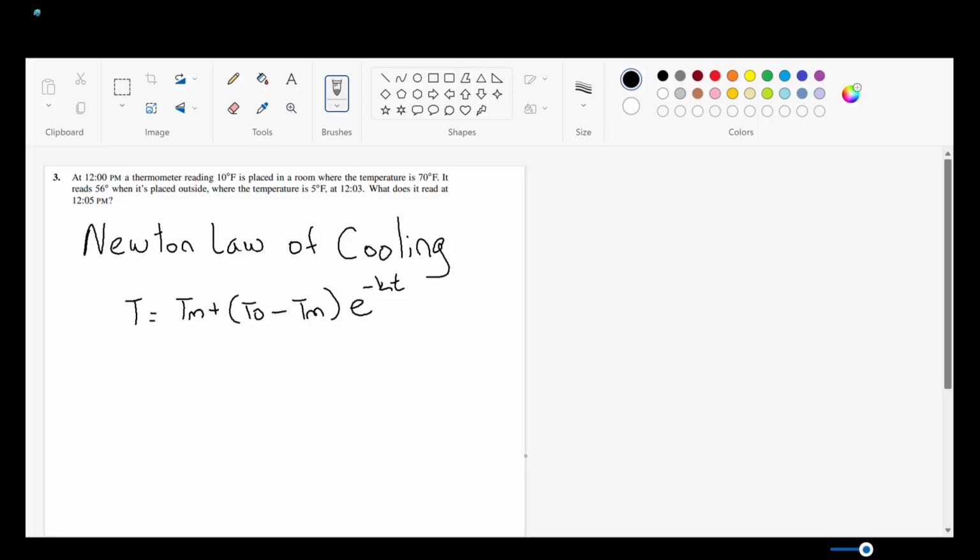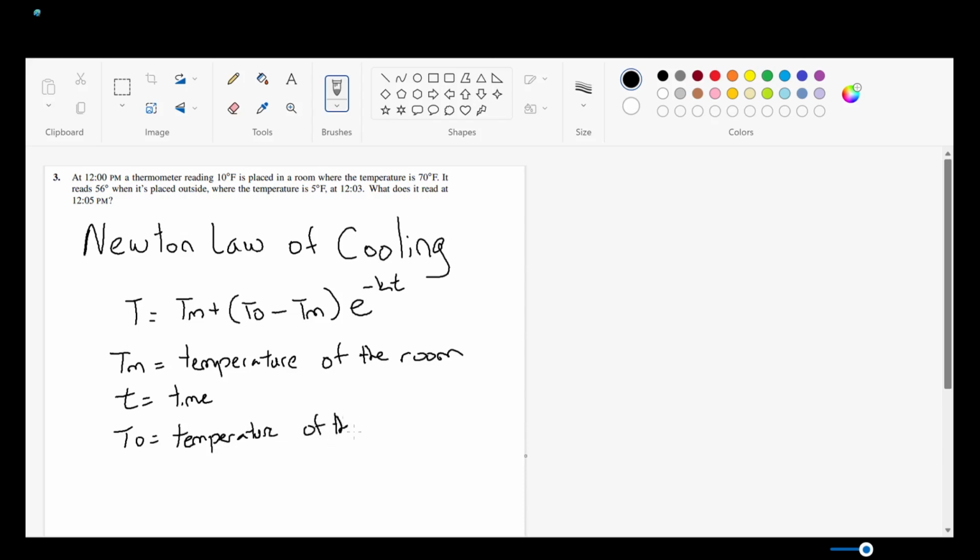Hello. This is question 3 of the Newton law of cooling. The formula for solving this question is written here, in which Tm is the temperature of the room, t is the time, and To is the temperature of the thermometer, and k is the constant.